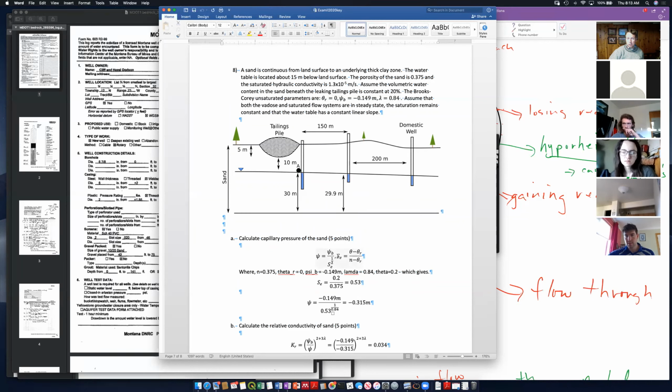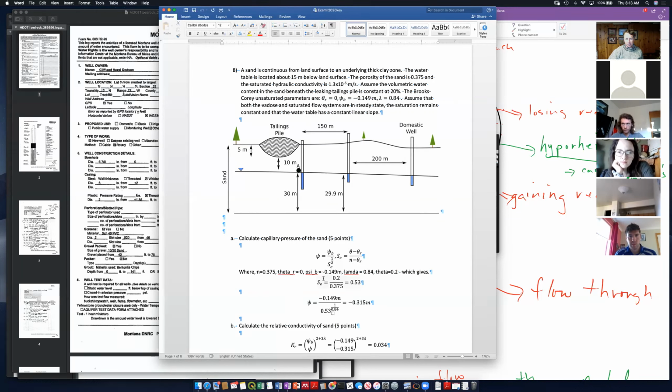So you needed to do two things. The first was to solve for the effective saturation using the properties here. Theta sub r was equal to 0, and this just became the volumetric water content, 0.2, over the porosity, 0.375.